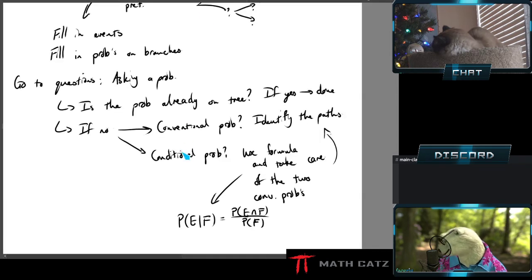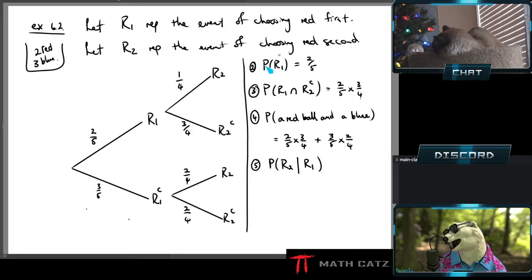What do I do with that? It could be on the tree, or it could not, because the tree contains some conditional probabilities. Is this one on the tree? Yes, it is, because it's exactly in line with how I set it up. Given this first thing happened, what is the probability that this happens? That's exactly what they're asking. I'll just clear the tree.